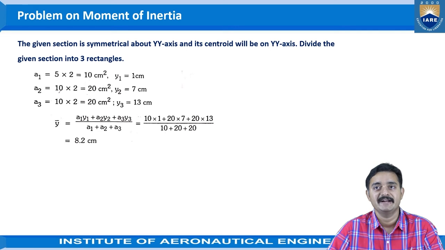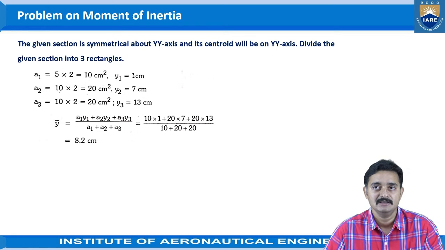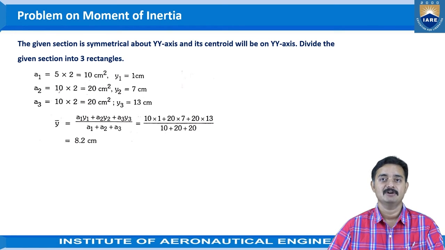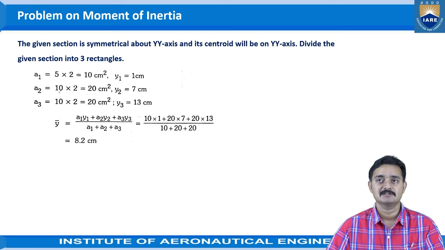Overall, the centroid of the total figure is y bar equal to (A1 y1 plus A2 y2 plus A3 y3) by (A1 plus A2 plus A3). Substituting the values: (10 into 1 plus 20 into 7 plus 20 into 13) by (10 plus 20 plus 20), that gives the value as 8.2 centimeter.